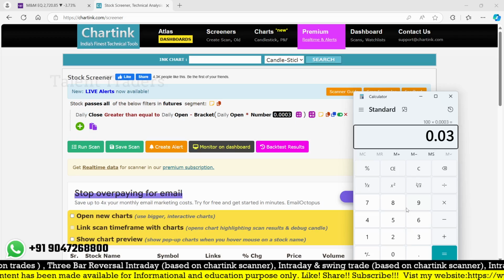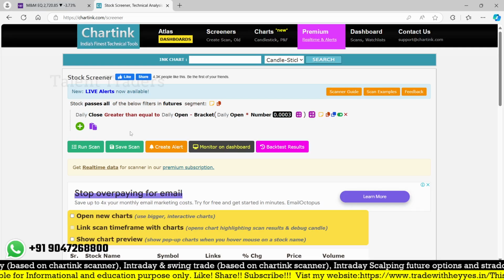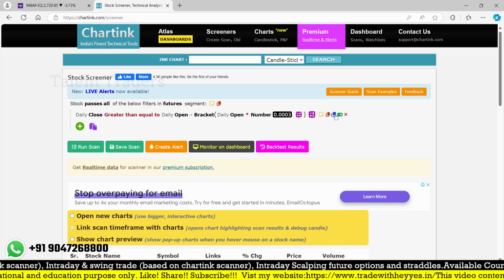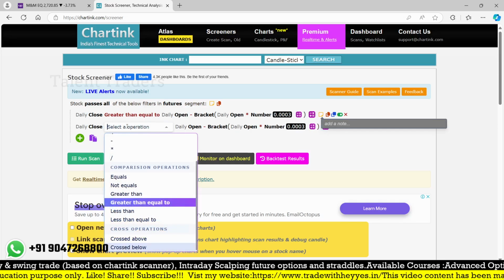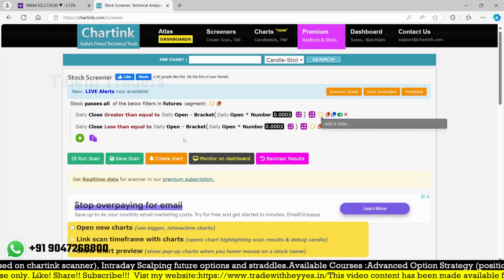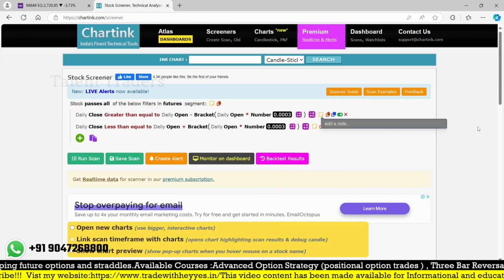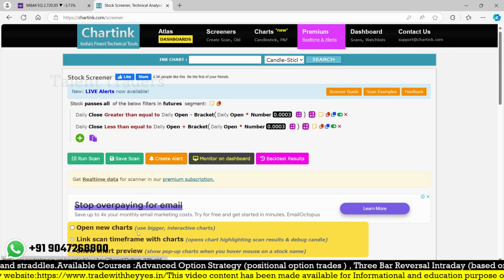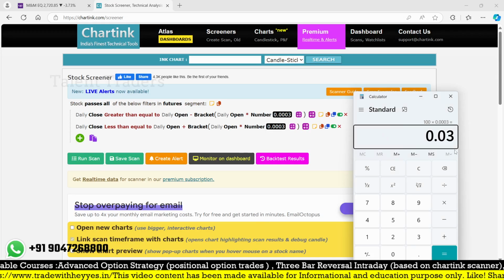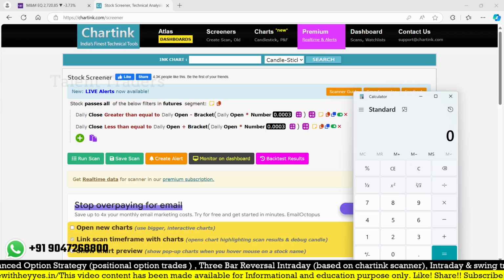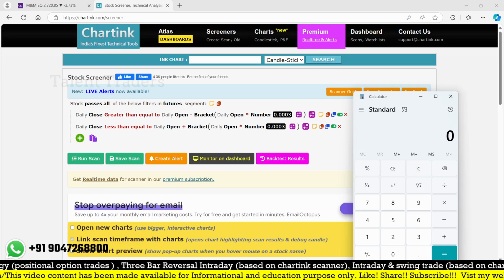Here I'm using open minus, right? So I will be less than. And one more thing, here the same kind of pattern I'm adding, but here it is less than or equal to, and here for open I'm adding plus the values. So what does it say here, for example, what will it fetch for you? For example, 100 rupees open, 0.03, right?